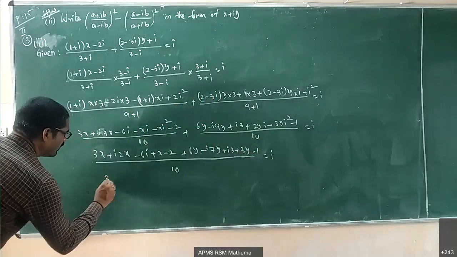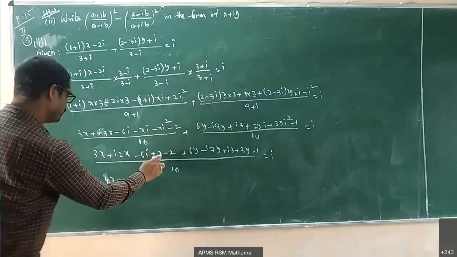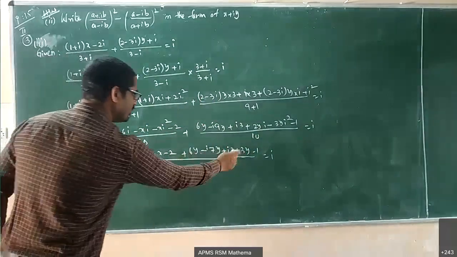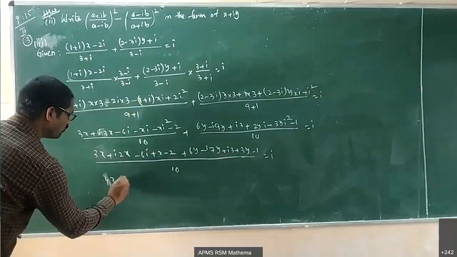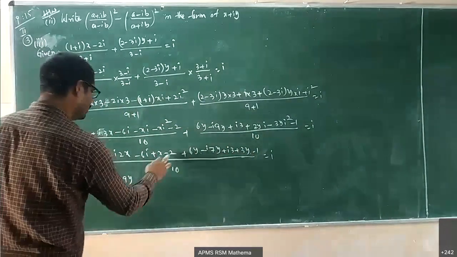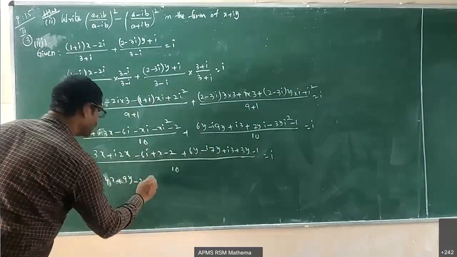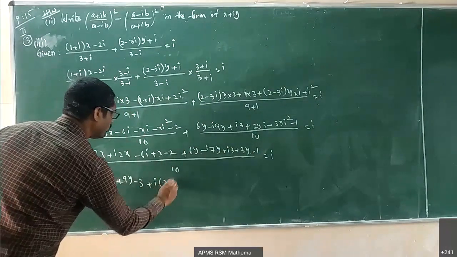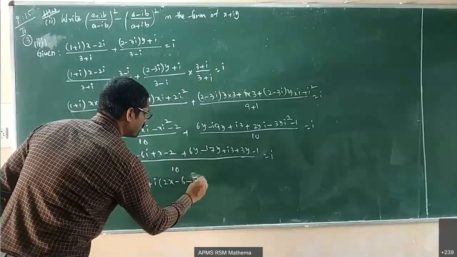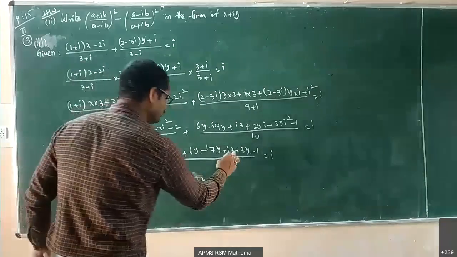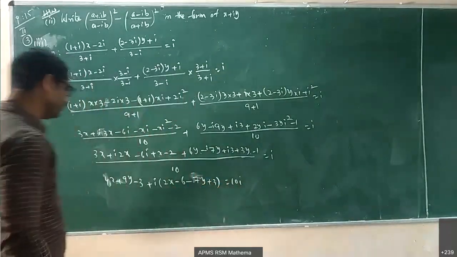Now 3x plus x is 4x. Now 6y plus 3y is 9y, and minus 2 minus 1 is minus 3. If I take out i common in the remaining terms, i into (2x minus 6 minus 7y plus 3) is equals to 10i.